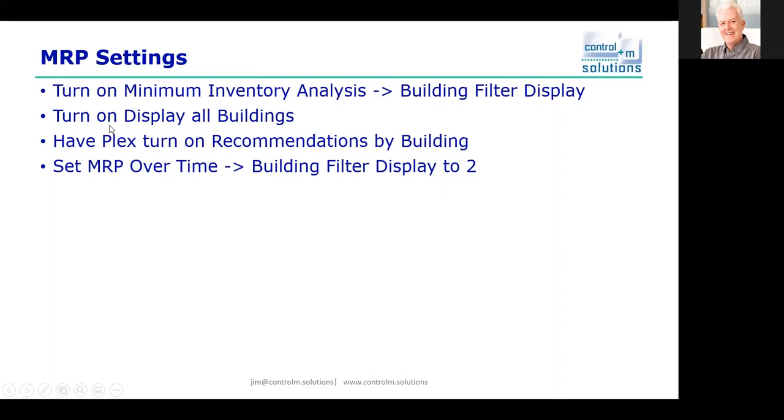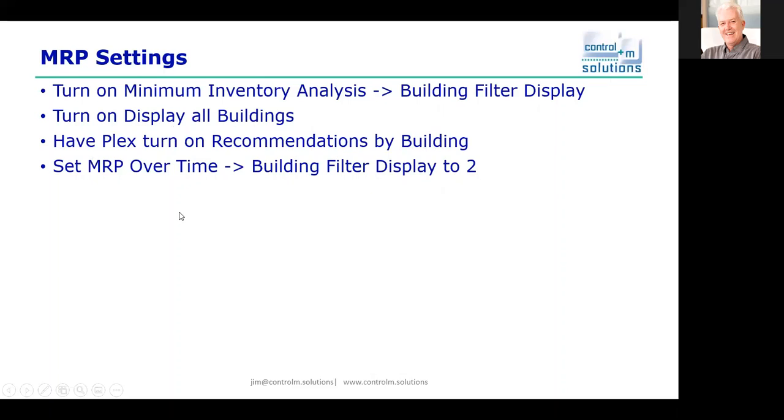One of the other things we're going to want you to turn on is display all buildings in order to do MRP by building. Third one, you're going to actually have to put in a case with Plex to turn this on. You can turn these on in the test environment on your own, but this is a Plex only setting. It's called recommendations by building. So we'll want you to have Plex turn that on.